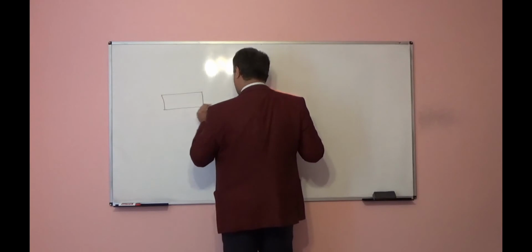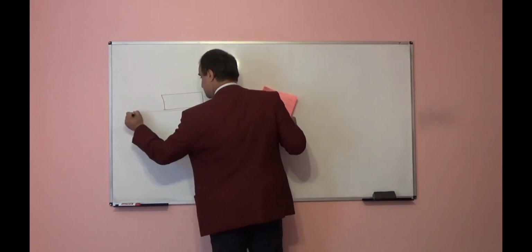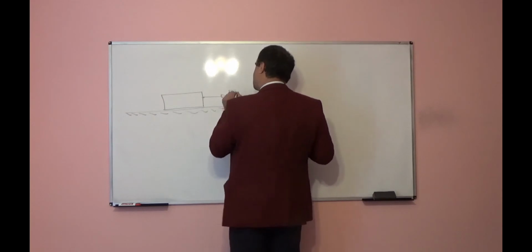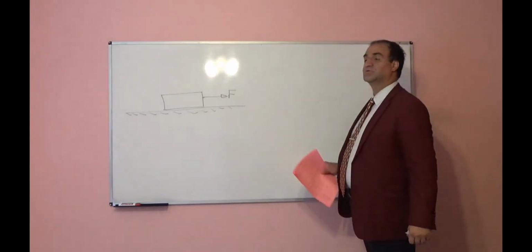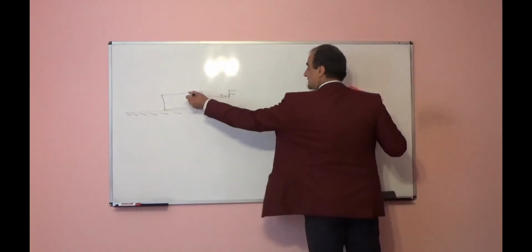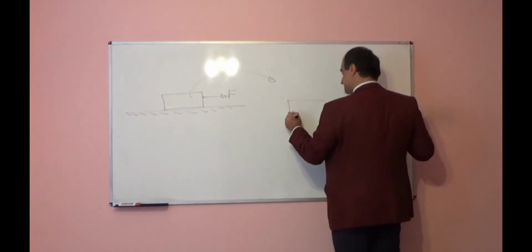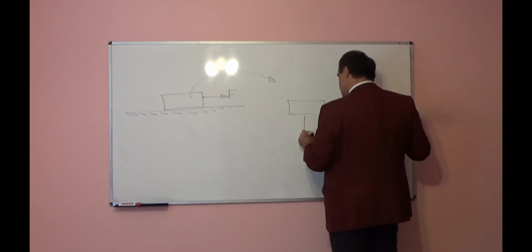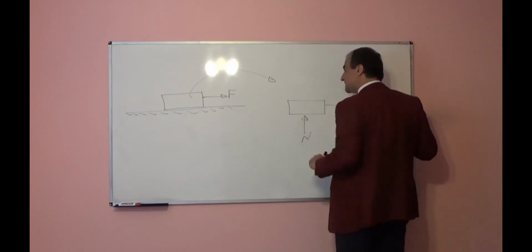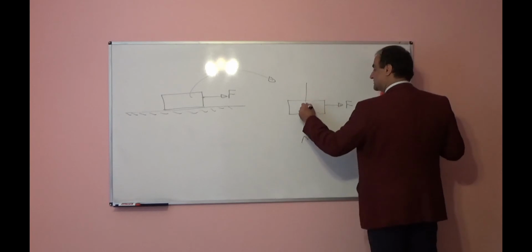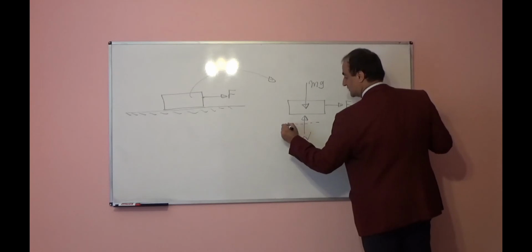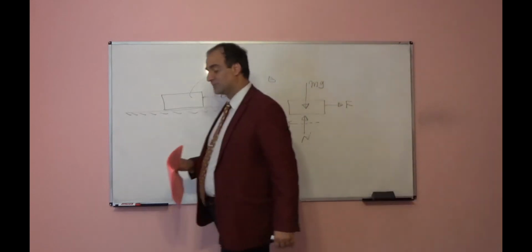Or again, if we have one box on the ground surface and using one rope, I am pulling this box with the force of F. Now the free body diagram for this box will be this force I am applying, the normal reaction of the ground to the box, the weight of the box to the ground, and the friction force which resists the movement of this box.